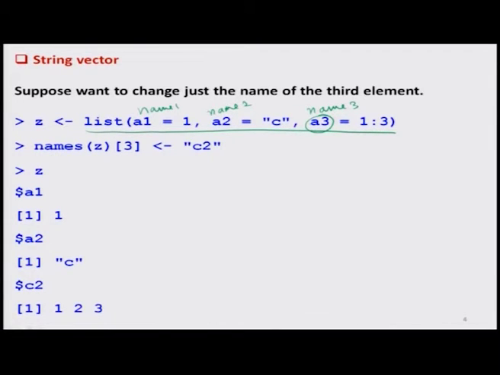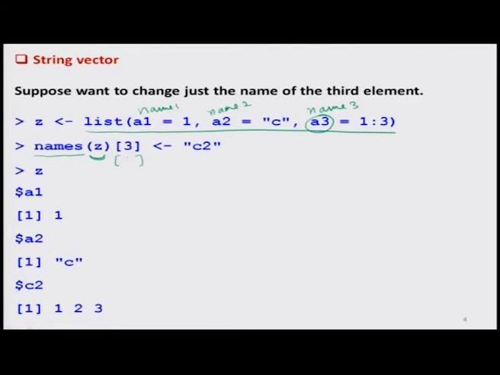So, the syntax here is that you try to call a particular name by the command names, all in small letters. Inside the brackets you write down the name of the variable that is containing the list, and then use square brackets and write down the position, the address of the element which you want to call.